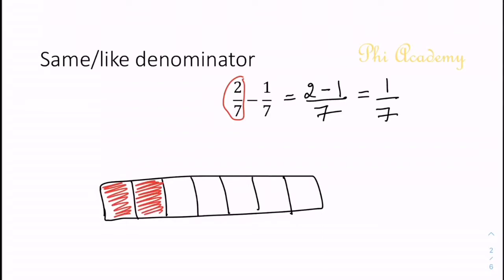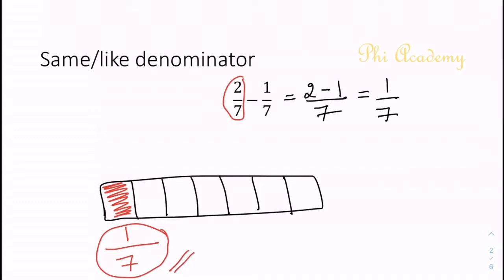So all I need to do is take away one of the parts that I have just colored in. Now I am left with 1 out of the 7 parts that is colored in, which gives us our answer 1 over 7. So this is why it is important for us to have the same denominators of our fractions, so that it is easy for us to do the subtraction.